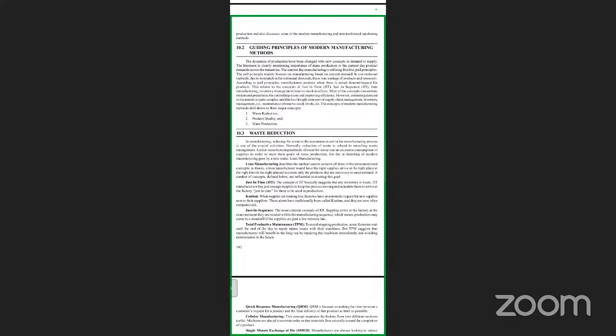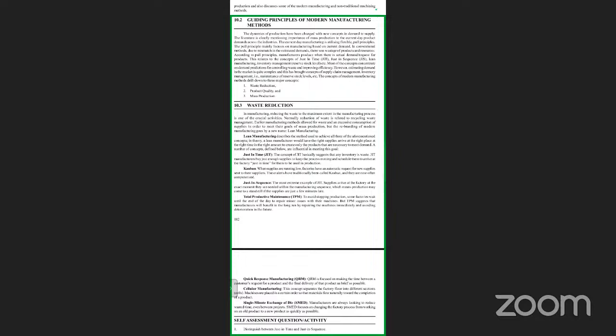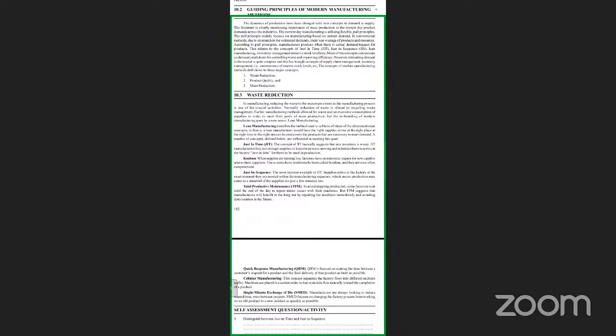Earlier manufacturing methods allowed for waste and excessive consumption of supplies, in order to meet their goals of mass production. Under waste reduction, we have lean manufacturing, JIT, that is just in time, Kanban, just in sequence. All these methods we discussed earlier are used to reduce the waste in the manufacturing concern.